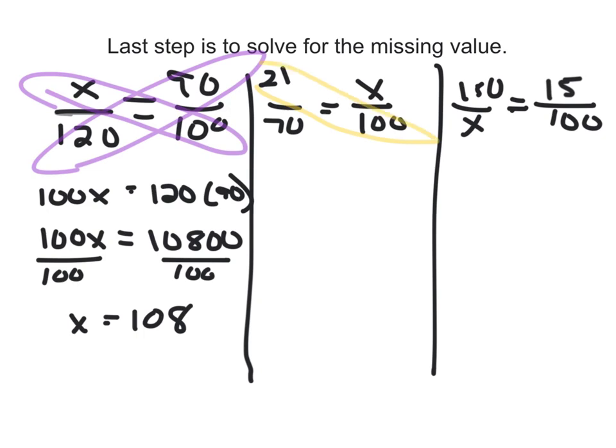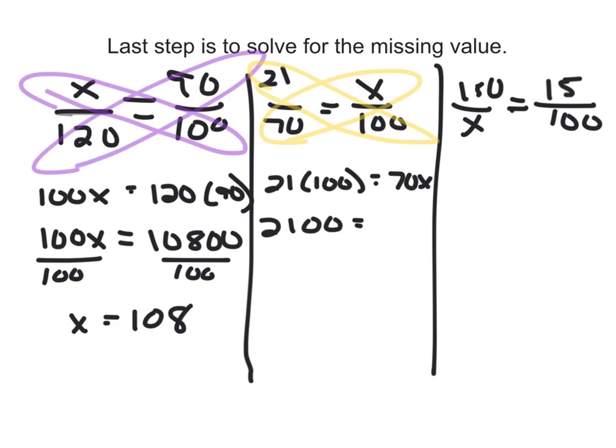Again, we set up our cross products. 21 times 100 equals 70x. 21 times 100 is 2,100, which equals 70x, because that's just brought down at this point.